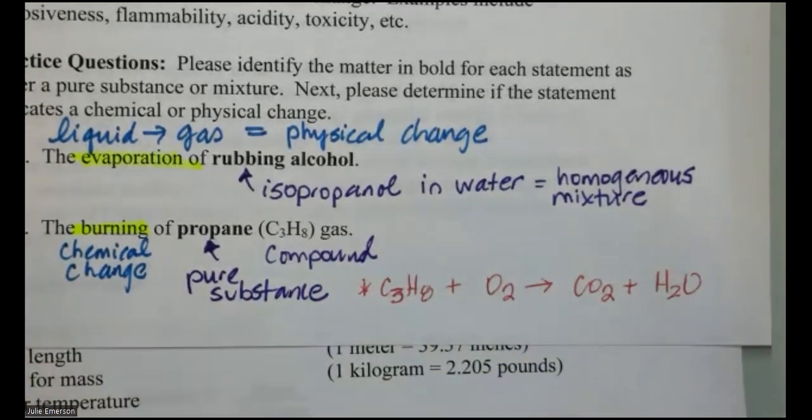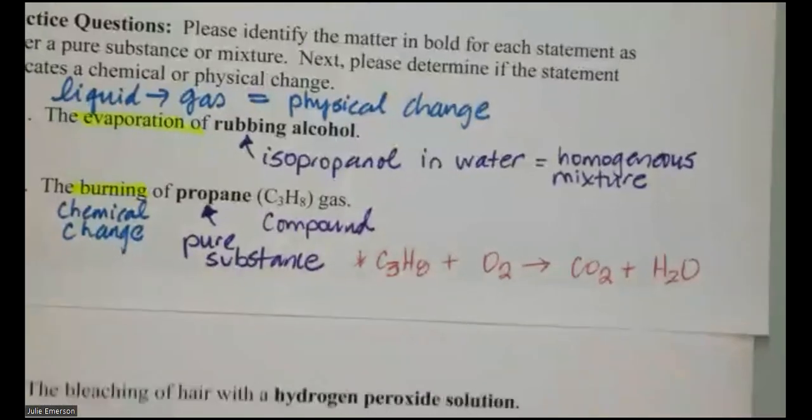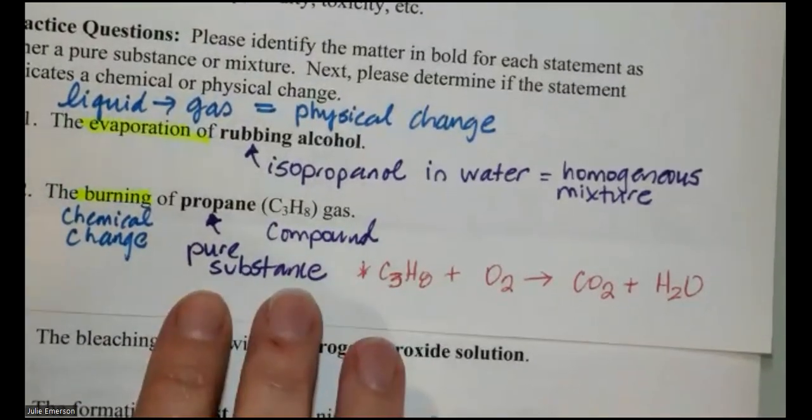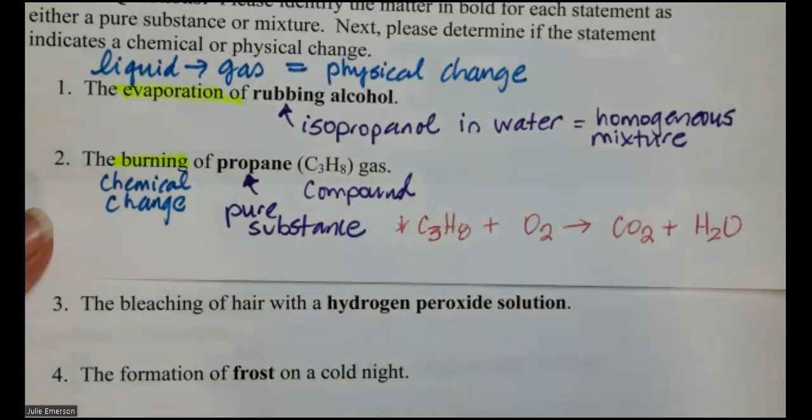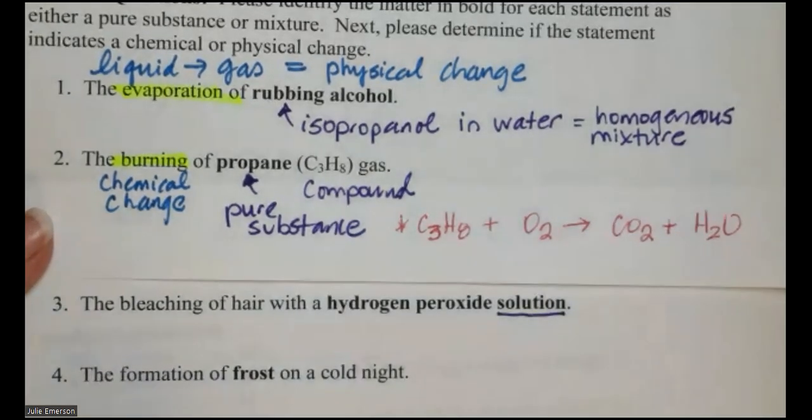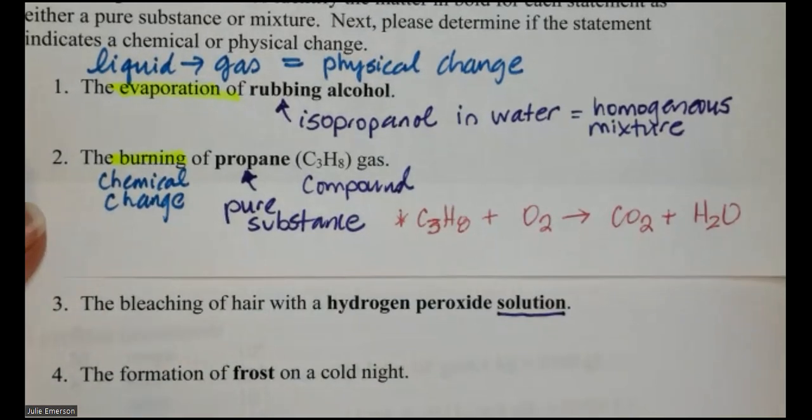All right. So next page, page 3, we are going to have the bleaching of hair with a hydrogen peroxide solution. Okay, so solution kind of gives it away. Again, we may not necessarily know. I know I used this in the opening, that pure hydrogen peroxide, you would not want that anywhere near you.